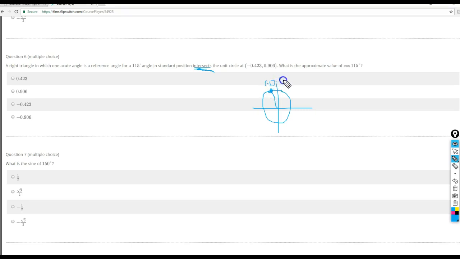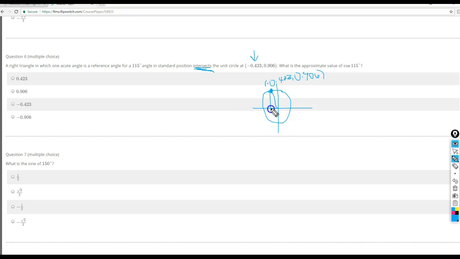Negative 0.423, comma, 0.906. And if you didn't remember that cosine of 115 degrees is the x-coordinate, you can always draw a reference triangle.